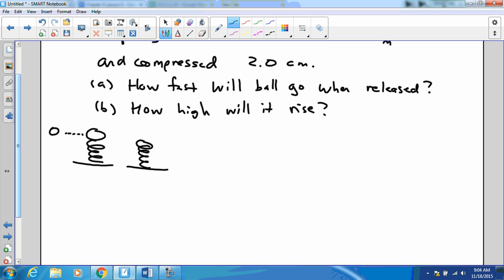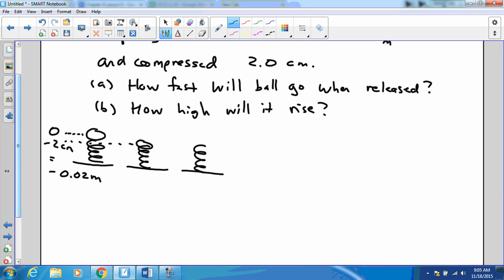Now we're going to compress it by 2 centimeters, so that my ball is now down here. This is the first key thing. What is the y value when we've compressed it by 2 centimeters? Negative 0.02 meters. Yes, very good.